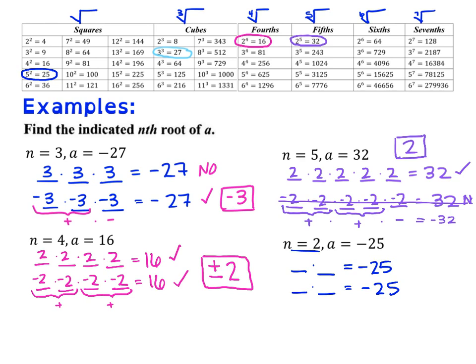So is 5 times 5 negative 25? Or negative 5 times negative 5 negative 25? Well, 5 times 5 is 25, but it's not negative. And negative 5 times negative 5, a negative times a negative makes a positive. So if neither one of them works, we would say there is no solution.